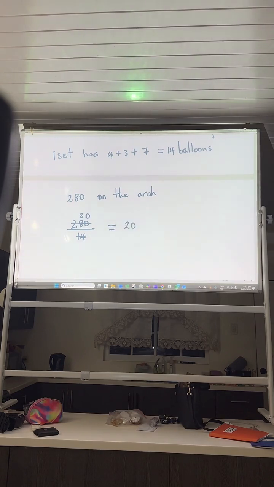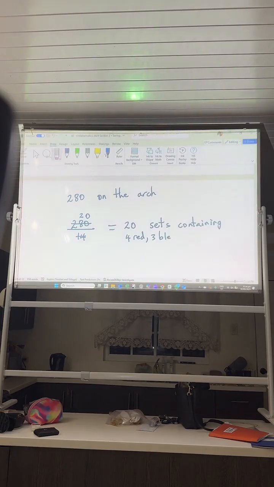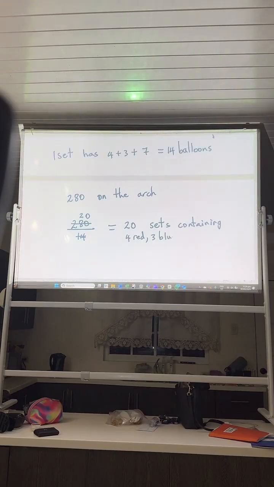So we have 20 sets containing how much red? 4 red, 3 blue, and 7 green. 20 sets containing these things each.